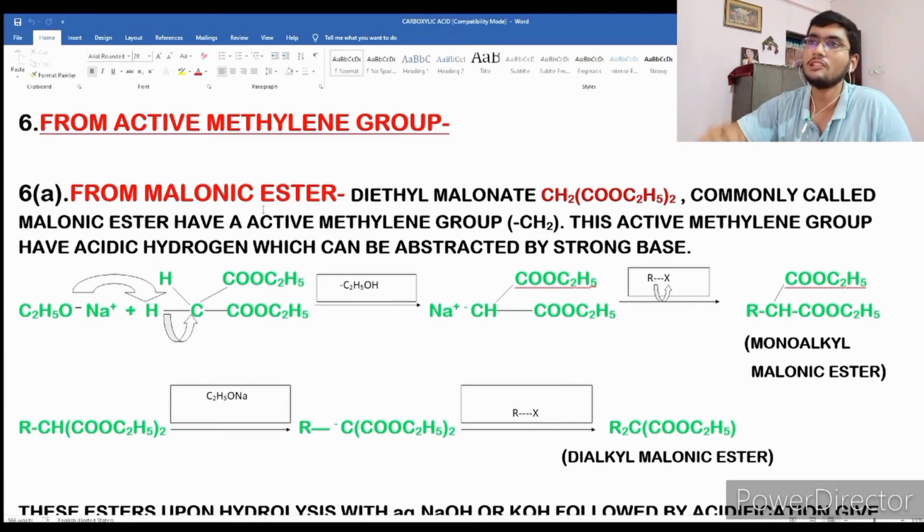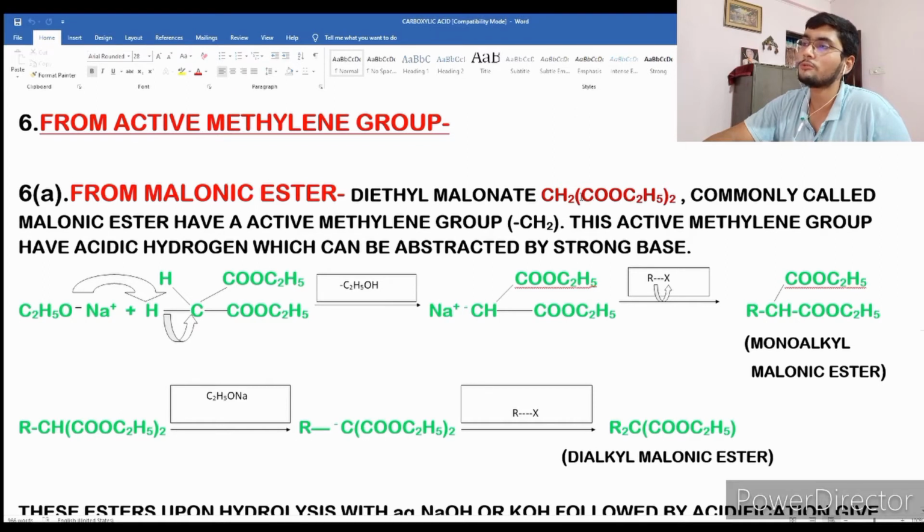Let us first see what I am talking about. From malonic ester, we can prepare carboxylic acid because malonic ester is an active methylene compound. Malonic ester is a broad name; it covers a lot of compounds like dimethyl malonate. Here is a methylene group, the CH2 group, and you see COOC2H5, an ester group.